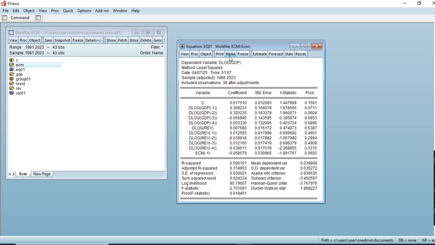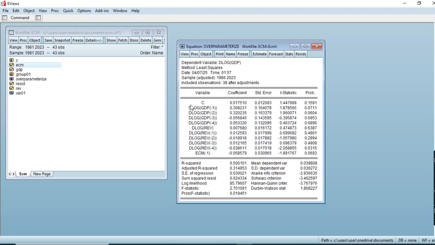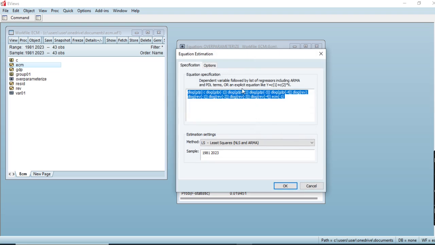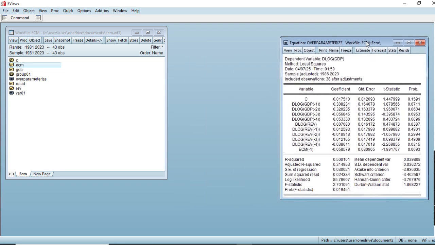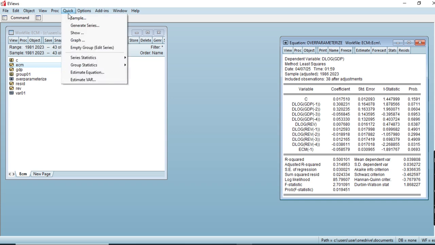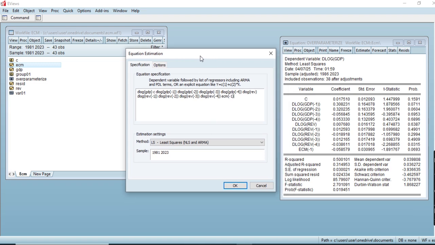First of all, we have to name this ECM. We'll name it over-parameterized. Okay, good. So now let us copy what we typed. Copied it. Okay, so we now take it to this side. Let us estimate a new equation to make a parsimonious ECM.